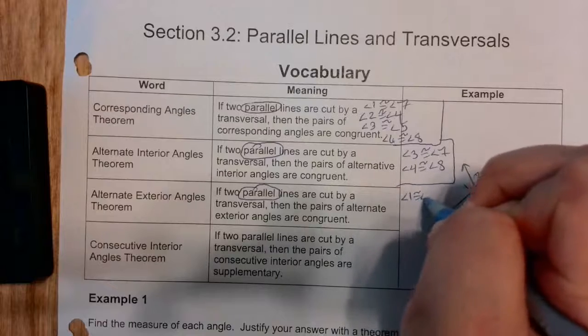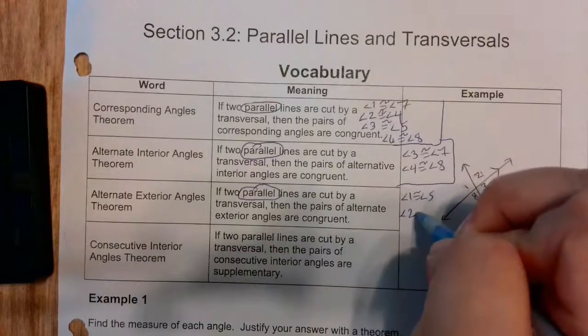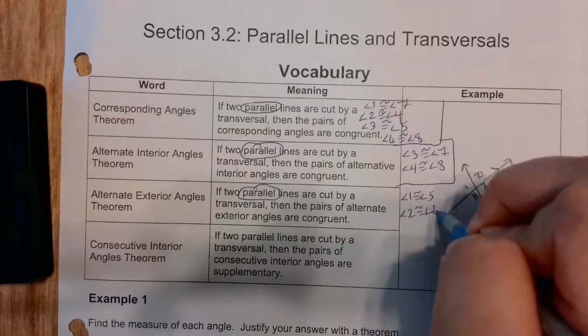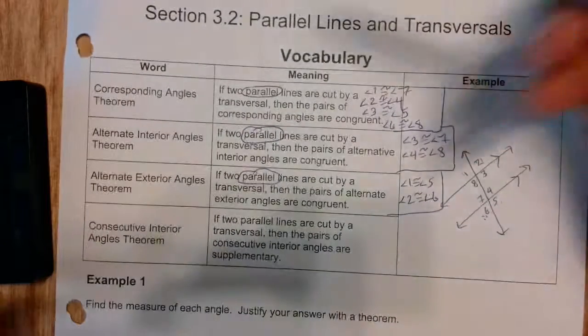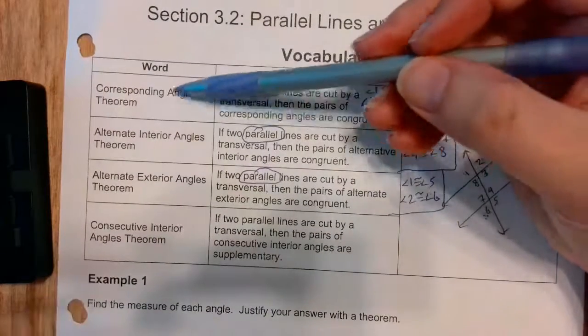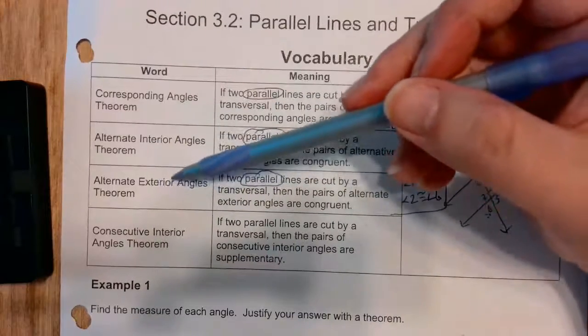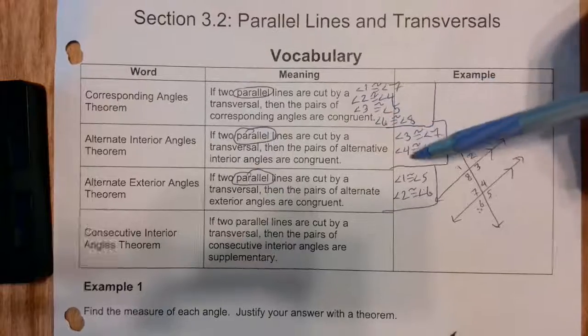Angle 1 is congruent to angle 5, and 2 is congruent to 6. Corresponding angles are congruent. Alternate interior angles are congruent. Alternate exterior angles are congruent. Congruent, congruent, congruent, congruent, all the way down.